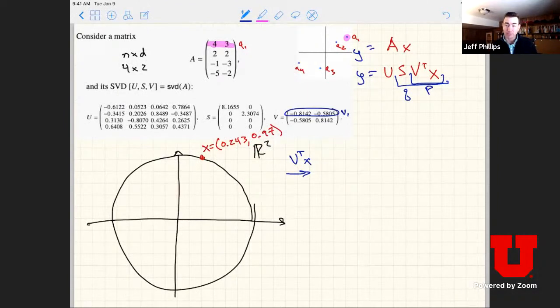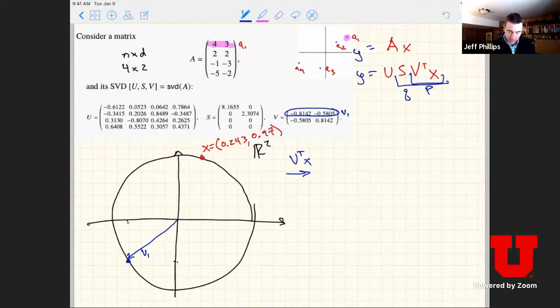Where is V1? V1 is negative 8.1, which is about here, and negative 5.8, which is about here. So that means V1 is a vector that looks like this. This is the vector V1.